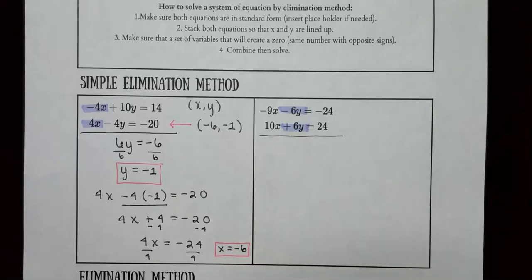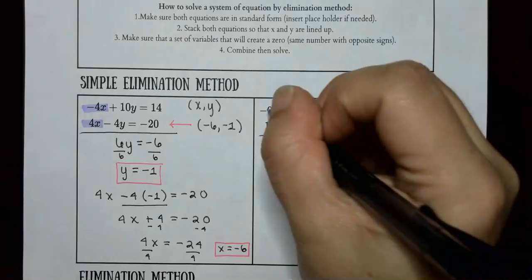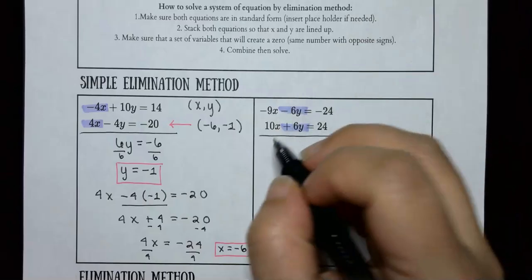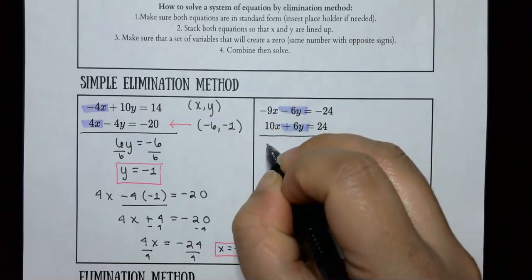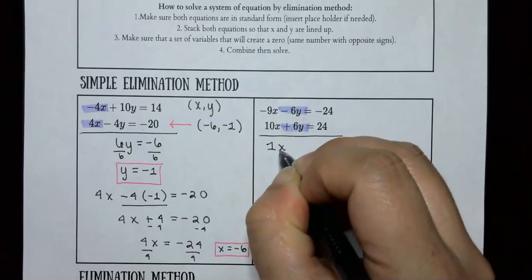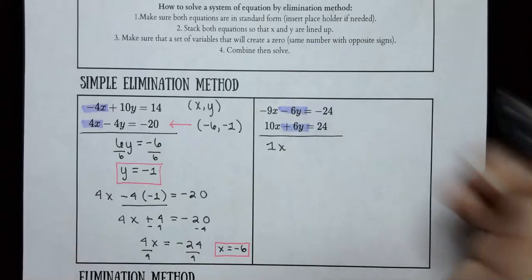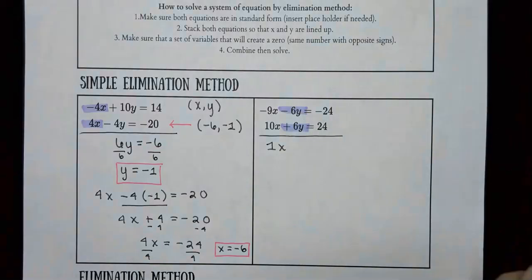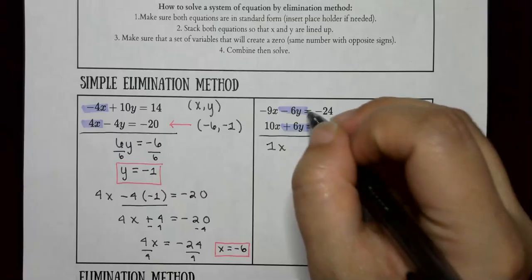So because they are already ready, let's go ahead and combine our x's. Let's combine our y's and our constants. So if I have a negative 9 and I add 10, it's going to give me 1x. Negative 6 plus 6 gives me 0. There's no need to write down 0. There's no need to write down y. We don't have to write anything because it's 0.